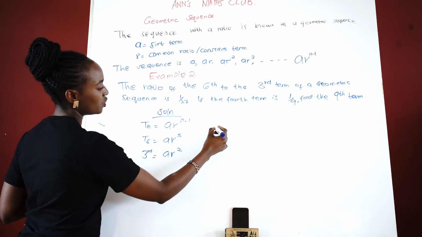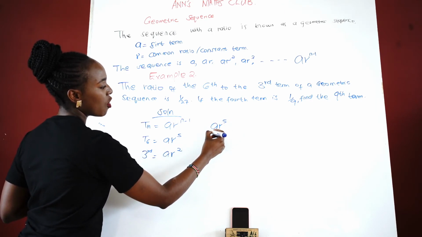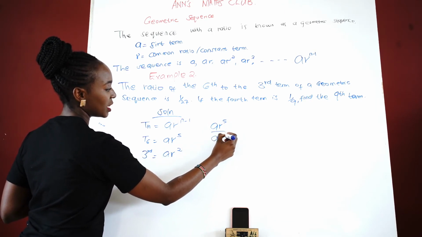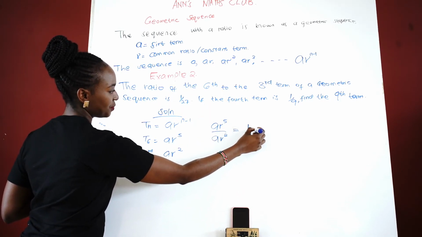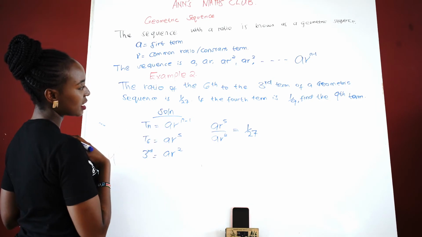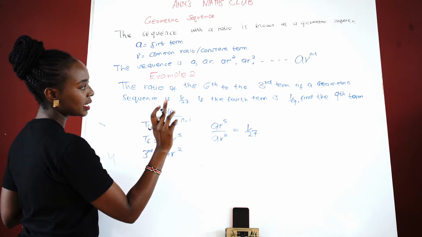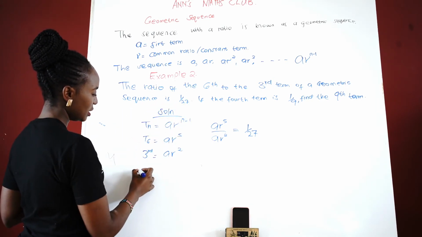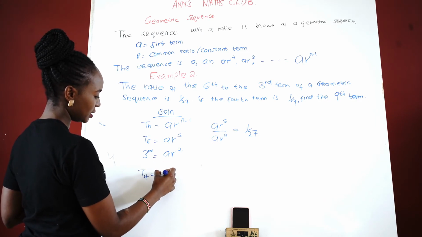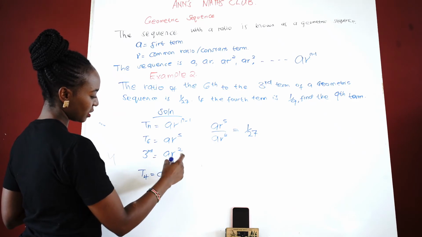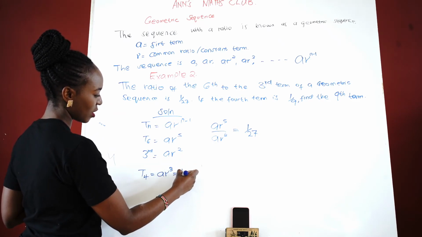So we've been told the ratio ar^5 over ar^2 is equal to 1/27. And we've been told the 4th term is 1/9. So T4 is ar^(4-1), which is ar^3, the same as 1/9.